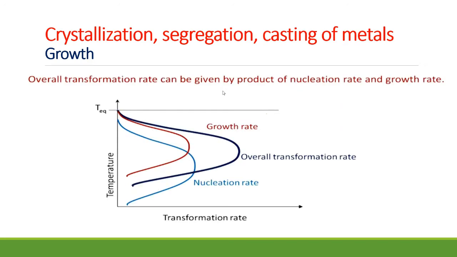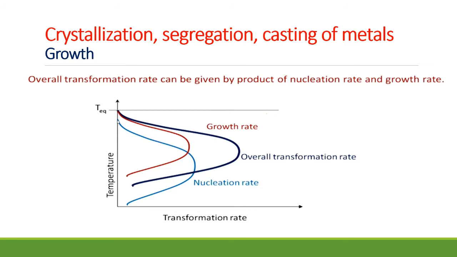Let's see how it will look if I plot the nucleation rate, growth rate, and overall transformation, how the kinetics will look. Here the light blue line is your nucleation rate, the red one is your growth rate, and the dark blue is your overall transformation rate. Here you see that the nucleation has started below some temperature, which means that some undercooling is required.